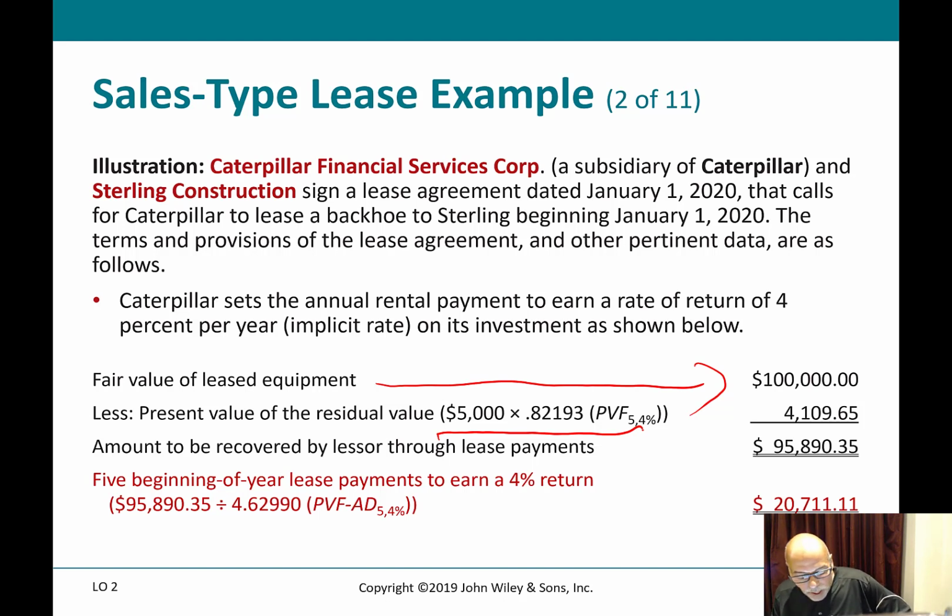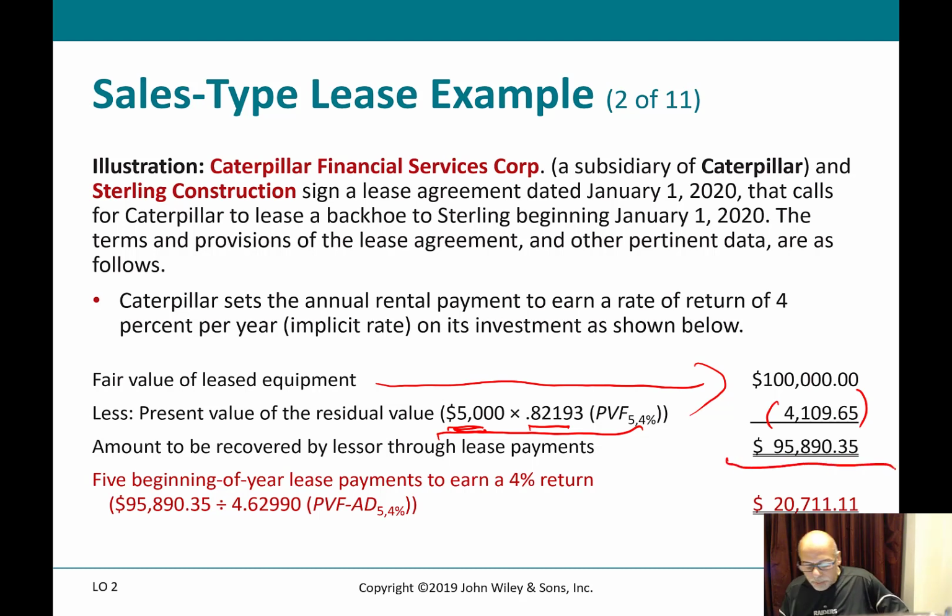But we're essentially going to assume that we're going to get the equipment back at the end. So the present value of what we're giving up here is not the $100,000, because although it be 5 years down the line at the end of the lease, we will get that equipment back. So since that equipment we're thinking is going to be worth $5,000, we're going to multiply that times the present value factor, we subtract that off.